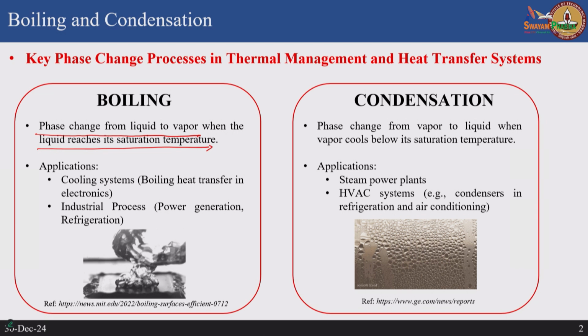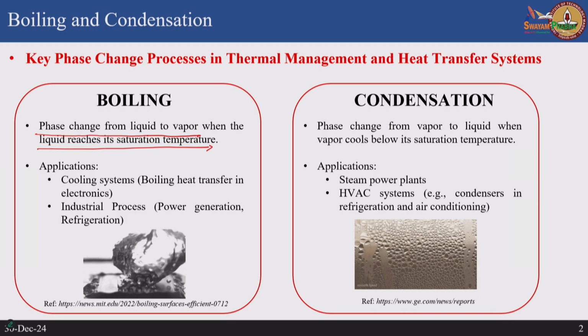That is basically called natural or free convection, and once the heating goes on for some more time, slowly you start seeing the first important change within the boiling process.